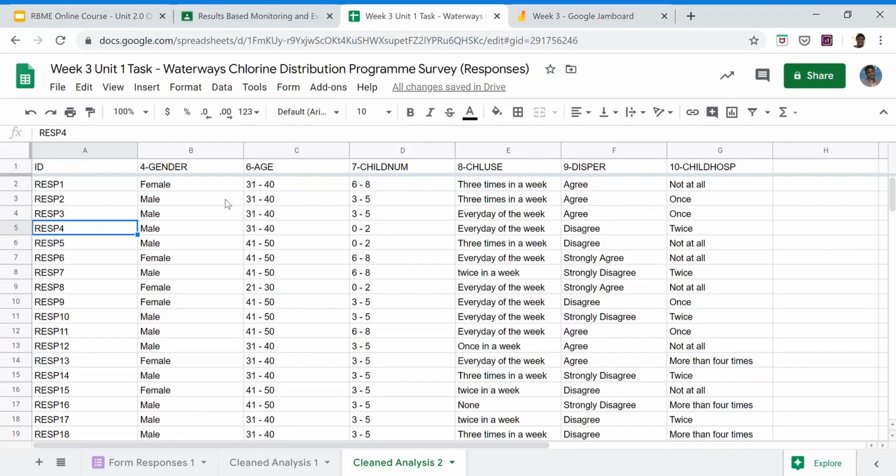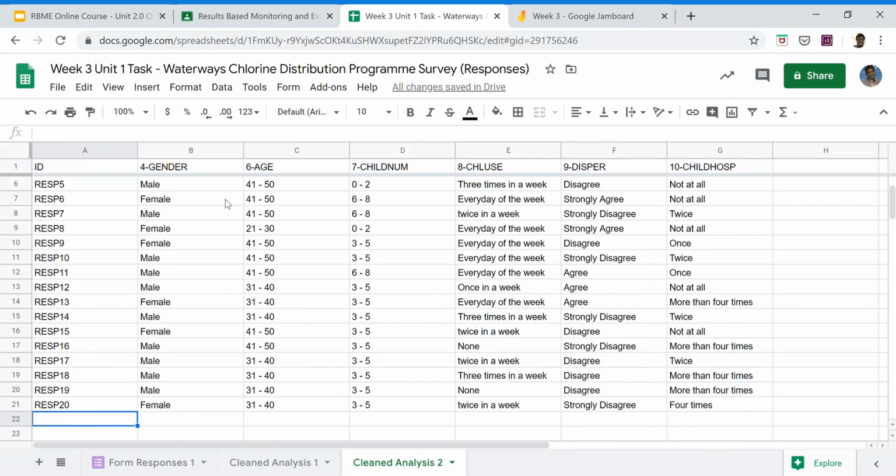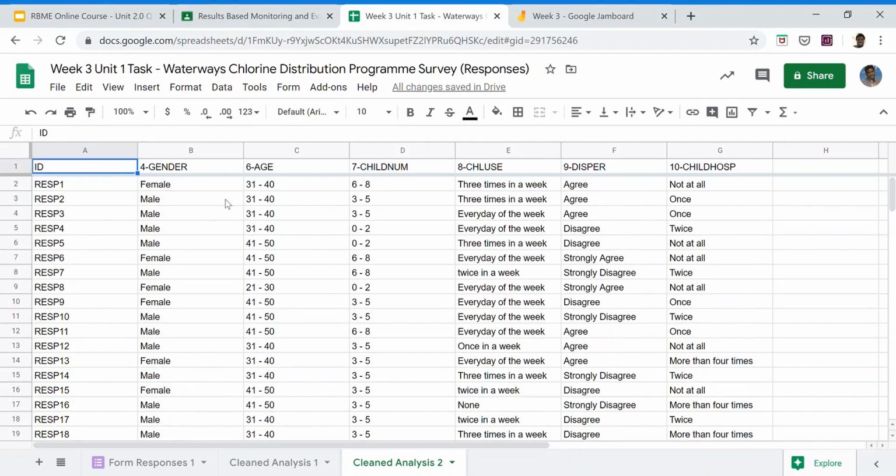Maybe I just need the 20 respondents, the count of male and female, possibly. But the spreadsheet has this explore feature, which could be interesting.